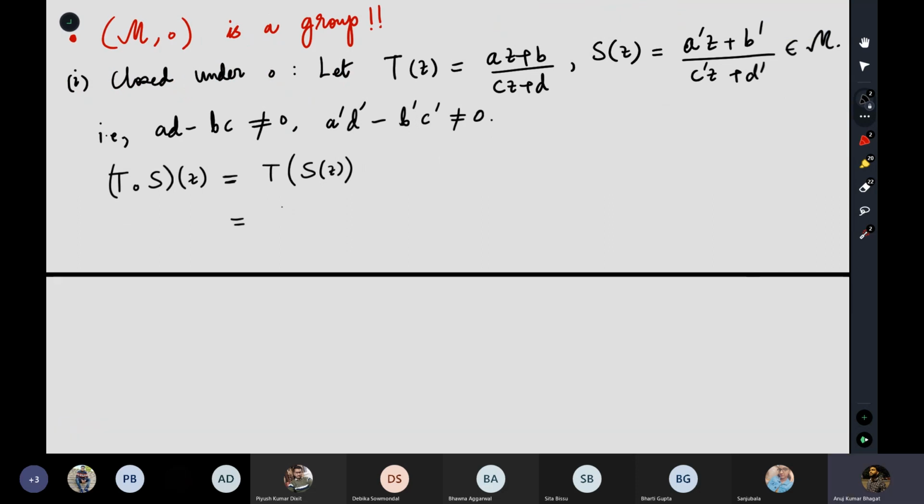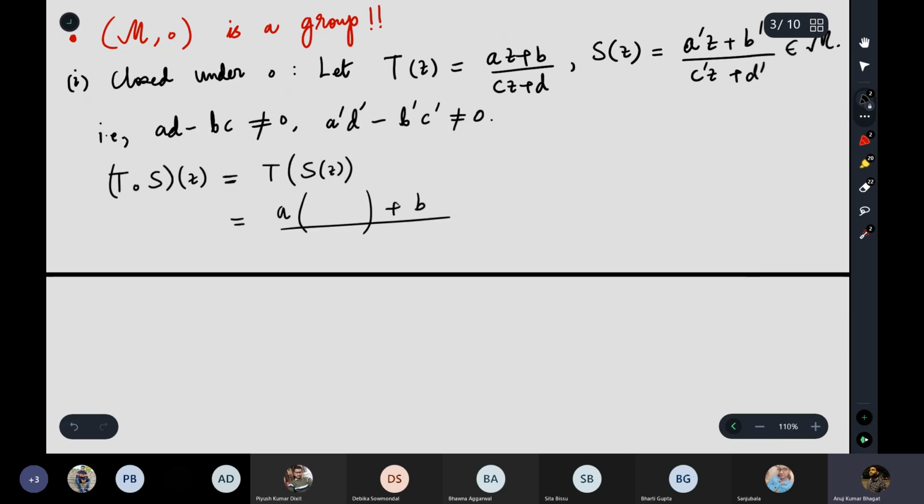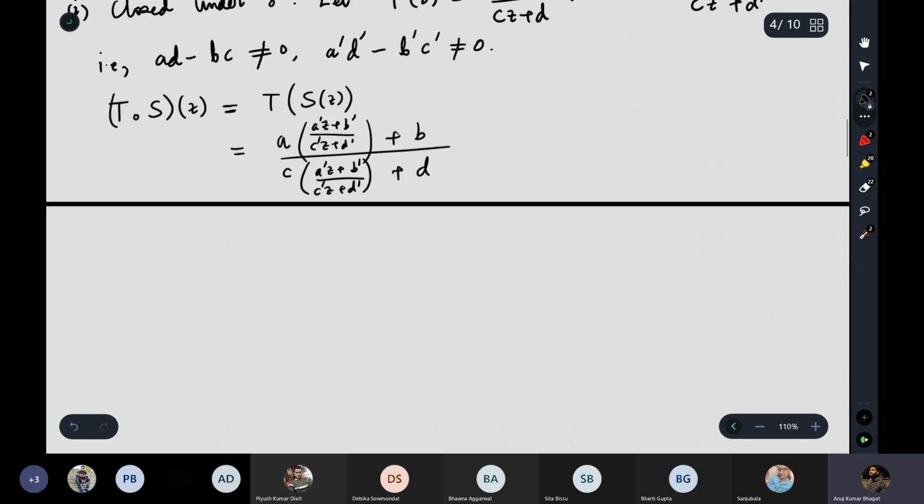This is a times S(z) plus b, divided by c times S(z) plus d. Instead of z, S(z) will come, and S(z) is (a'z plus b') by (c'z plus d'). Please simplify along with me and tell me if I make some mistake.